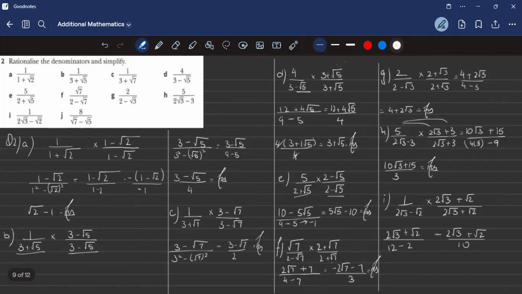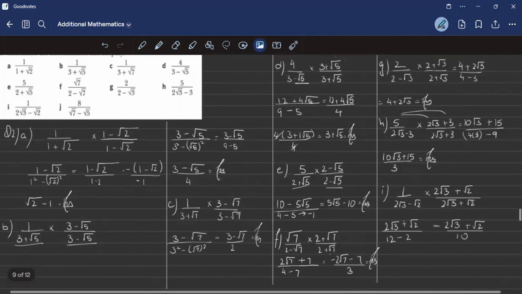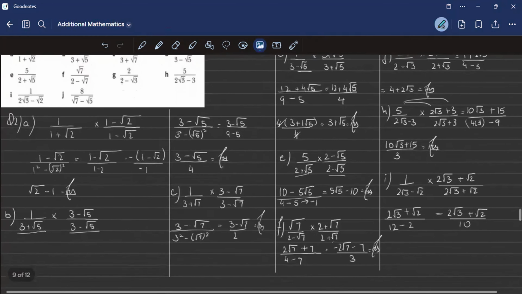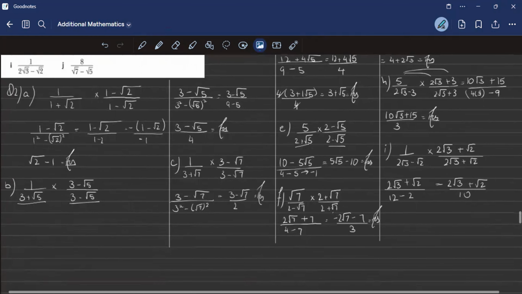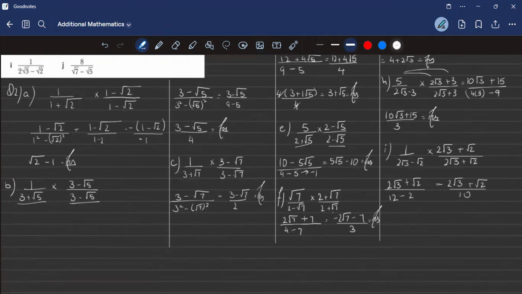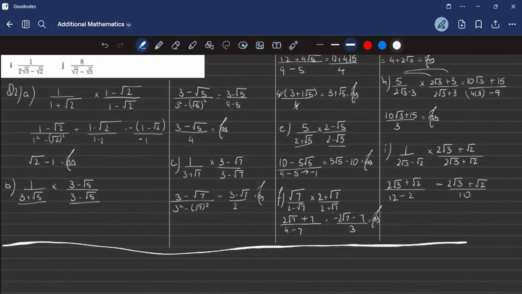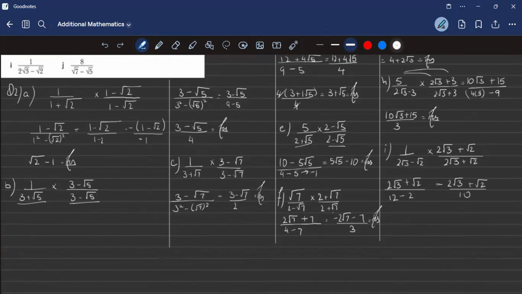For part J, what I would do is go a little bit down this page and make a partition right here. I don't know why that didn't work.